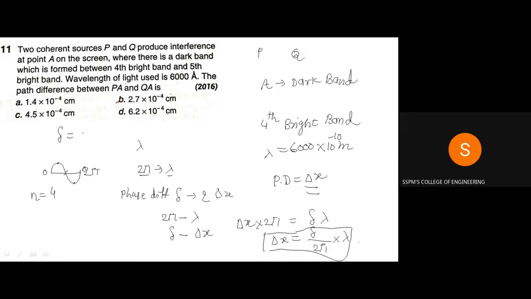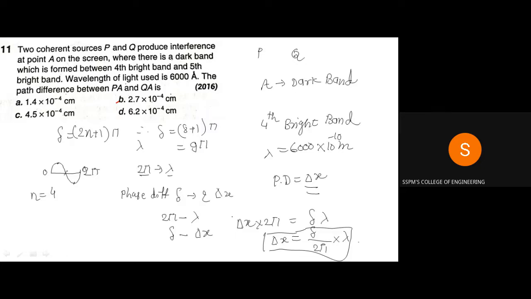And how can it be obtained? Simply by taking 2n plus 1 into pi. So the value of delta as per the given data is 8 plus 1 into pi, that is delta equals 9 pi.